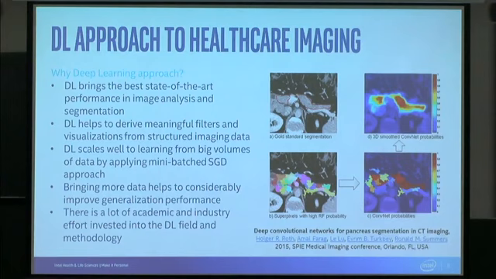Now I'm going to talk a bit more in depth about the deep learning approach. Why is it so important for imaging? Nowadays deep learning brings state-of-the-art performance, first of all in generalization, because convolutional deep neural nets allow us to effectively extract activation feature maps from raw images and utilize them when we do inference.